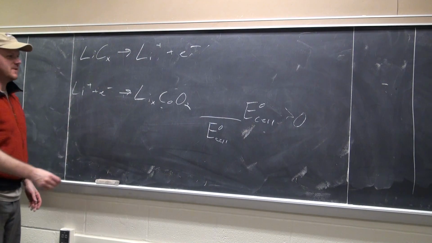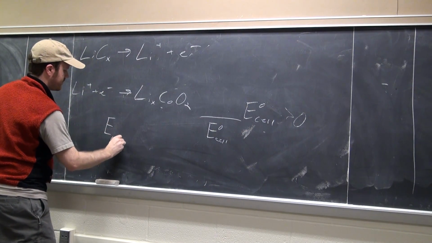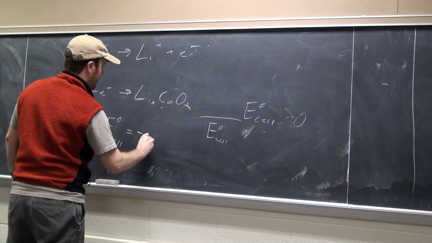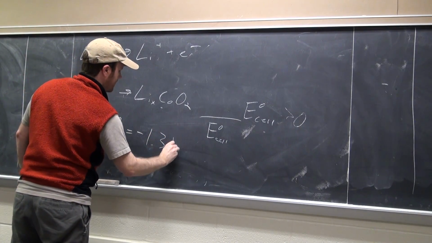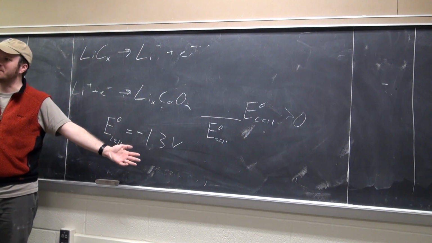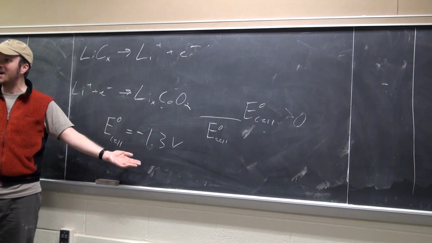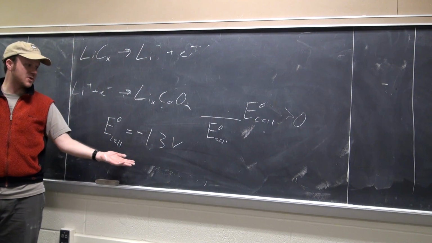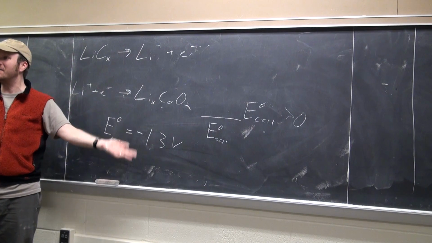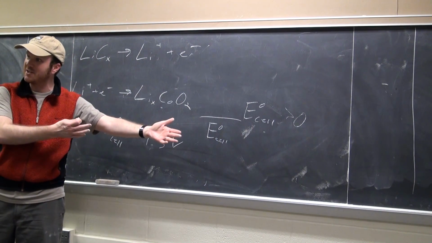So say if E cell is negative 1.3 volts, this is thermodynamically unfavorable, right? It's not going to happen. So what you're going to do is apply a potential that's higher than that to move the total cell potential above zero. Then it becomes thermodynamically favorable, and then you drive the reaction the other way, right?